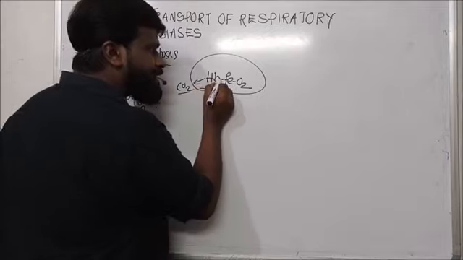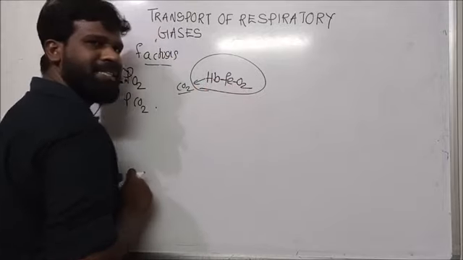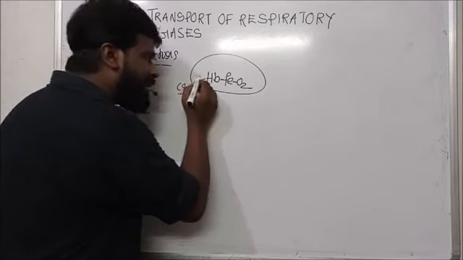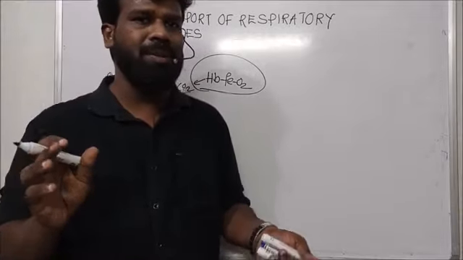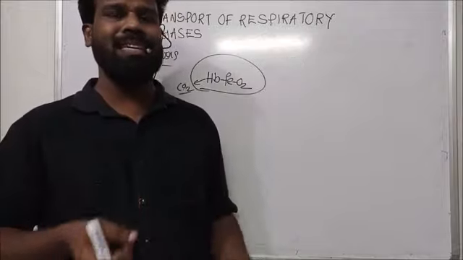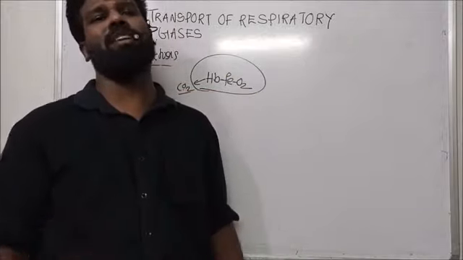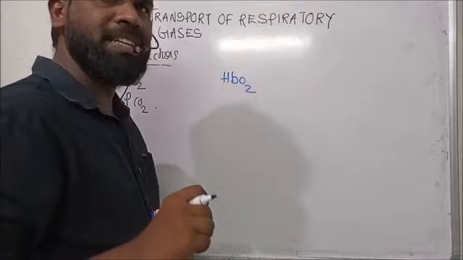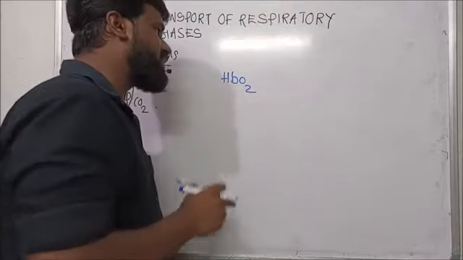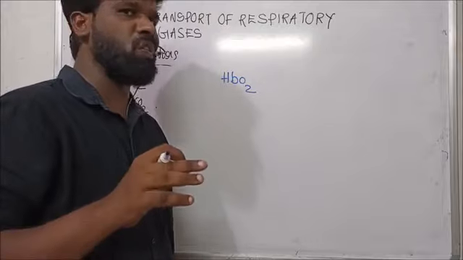But the association of hemoglobin with oxygen, and similarly the association of hemoglobin with carbon dioxide, is not a strong covalent bond. It is a weak association. It is a very unstable formation. So in this oxyhemoglobin, oxygen is not strongly attached to this hemoglobin. It's not a strong covalent bond.